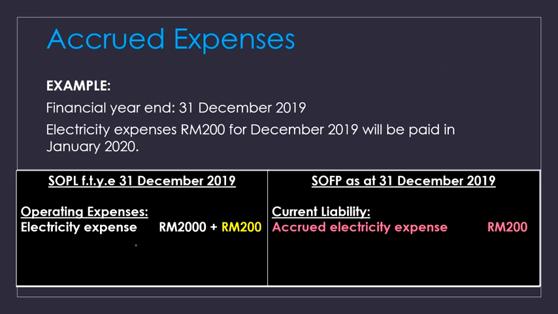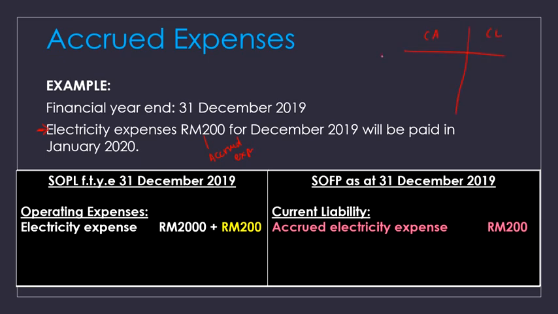Okay. So, financial year end 31st December 2019. So, electric expenses RM200 for December 2019 will be paid in January 2020. See? It means here, it has been incurred but not yet paid. When not yet paid, it means that your expenses are accrued expenses. Okay, so whenever you see accruals or prepayment, please do the formula first.